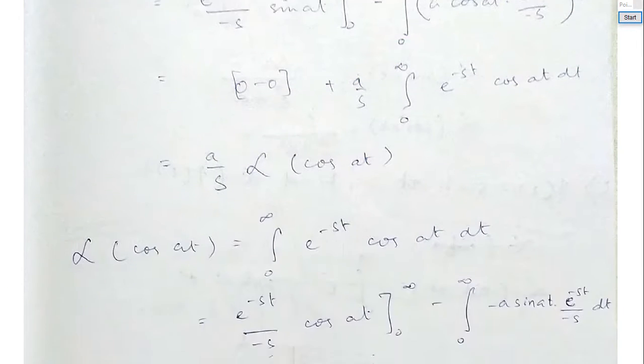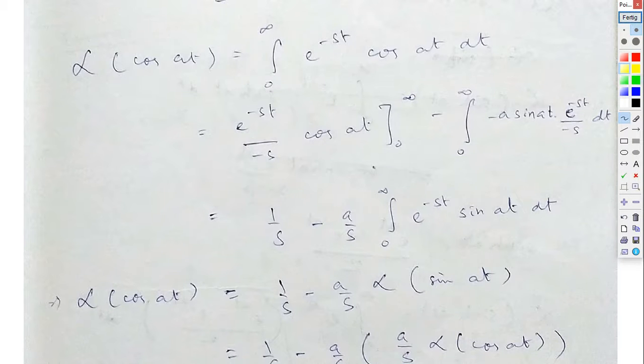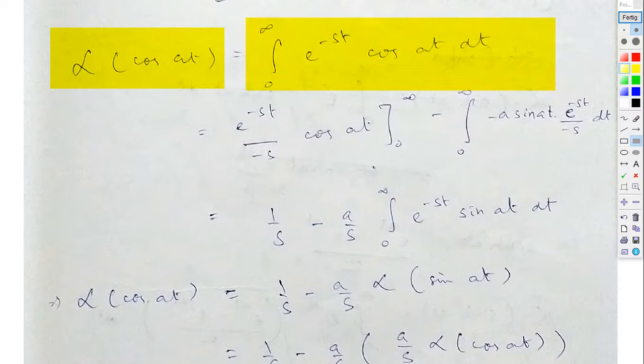For this, let's proceed. We need to find the Laplace of cos at, which equals the integration from 0 to infinity of e to the power minus st times cos at dt. Using integration by parts again, with the uv rule, we integrate the first function, leave the second as it is, and take the derivative.